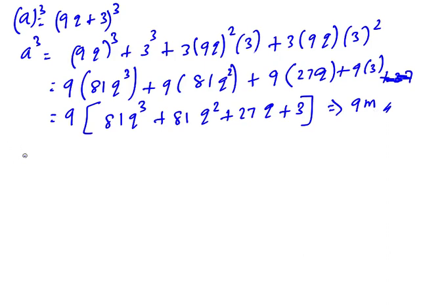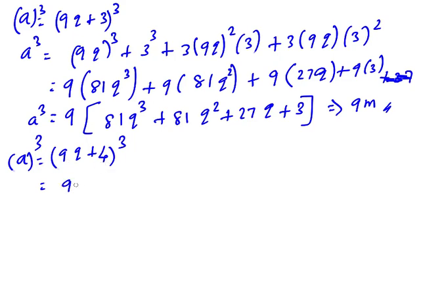Next we will take a equal to 9q plus 4 and we'll cube on both the sides. So what we'll get? A cube plus b cube plus 3a square b plus 3a b square.